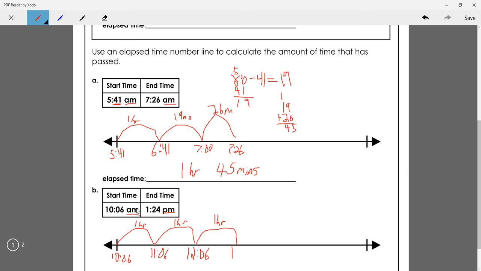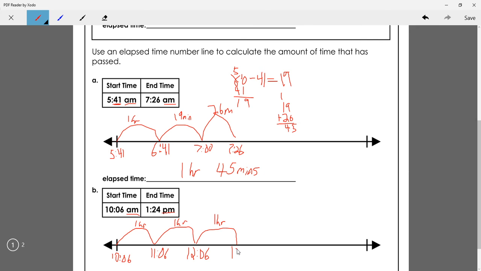So AM is the morning, right? And then 12 is noon. 12 p.m. is noon. And then 1 p.m. And then p.m. is from noon until midnight. And then AM is midnight until noon, right?